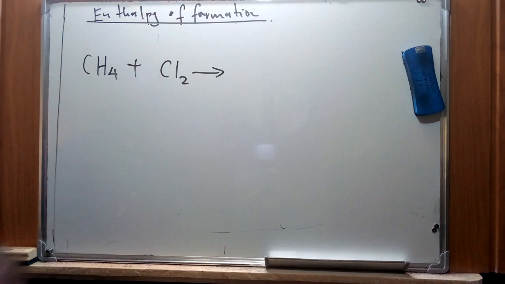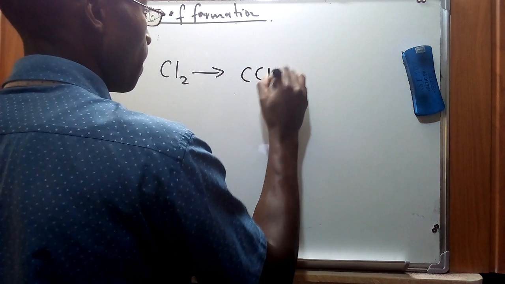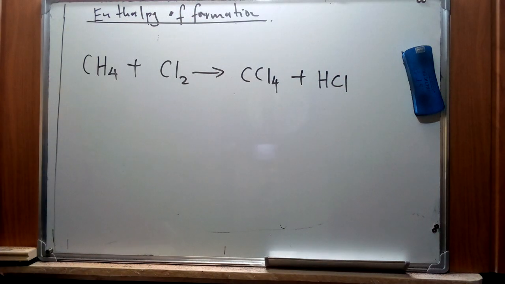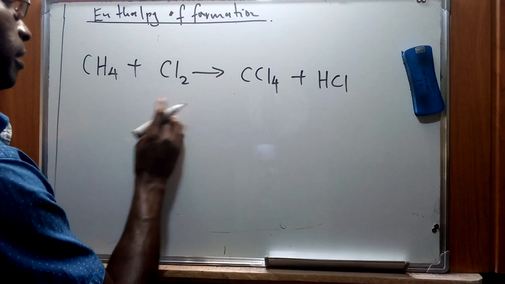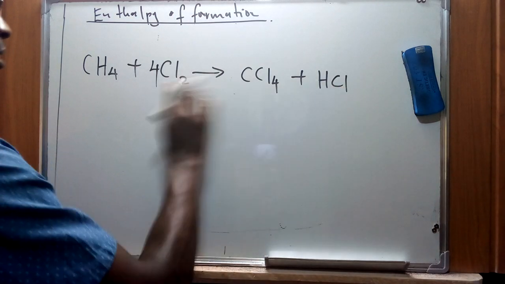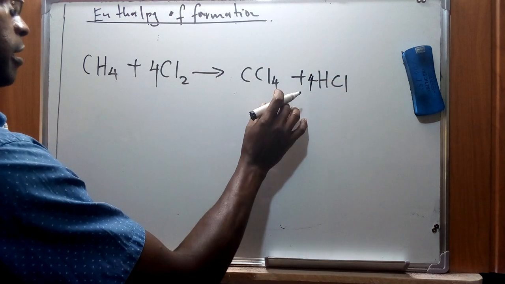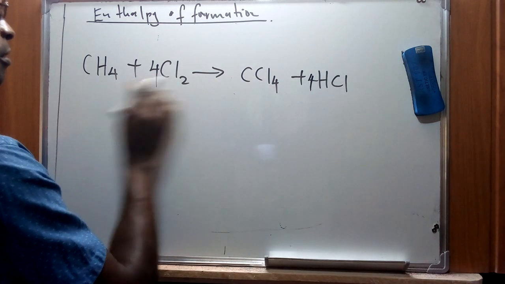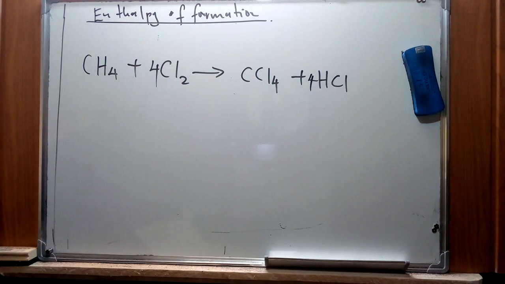We're going to have tetrachloromethane plus hydrogen chloride. Maybe we can just have a look at this: 4 plus 4, 8, hydrogen 4. Okay, we have balanced that equation.